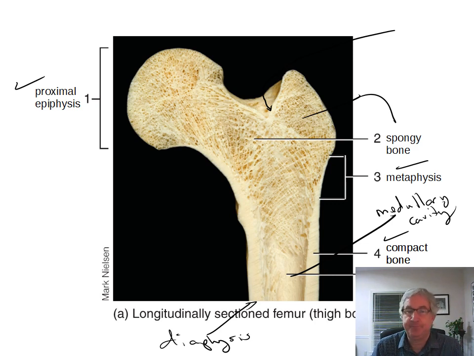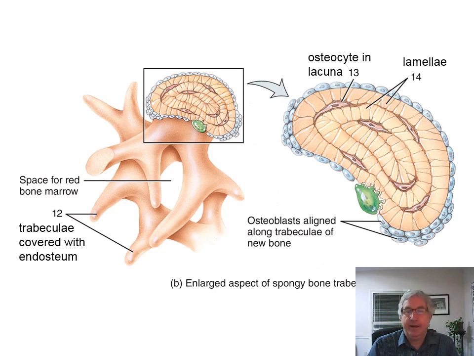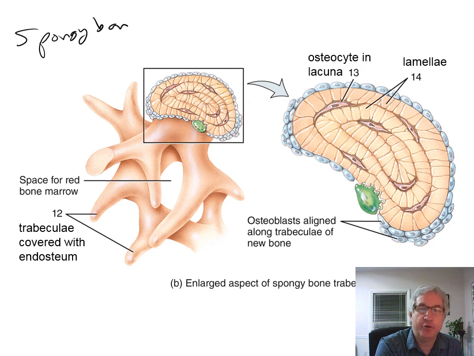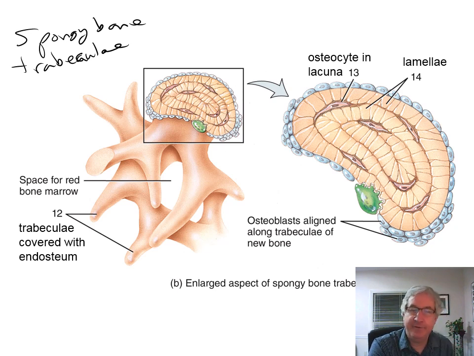All right, next slide. This is what spongy bone looks like here. Just showing you what the trabeculae look like. And here's the trabeculae.